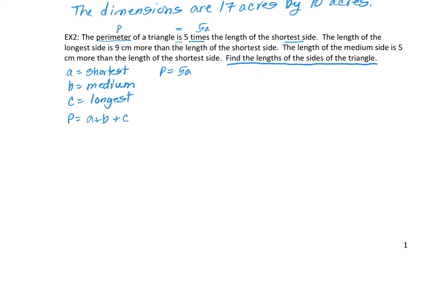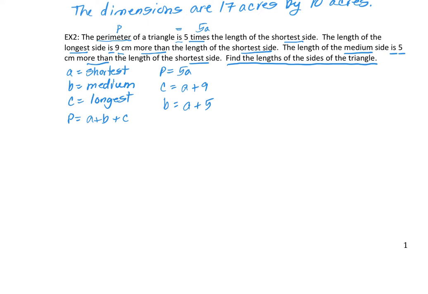I also have that the length of the longest side, which would be C, is equal to 9 more than the shortest side. So the shortest side was A, and I'm going to be adding 9. And then I have the length of the medium side, which is B, that is equal to 5 more than the shortest side. So that's A plus 5.